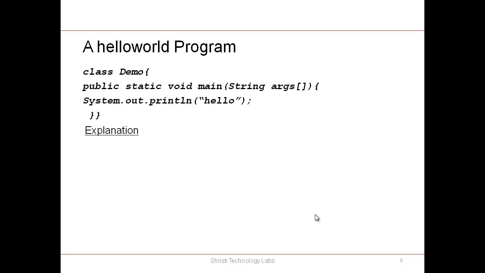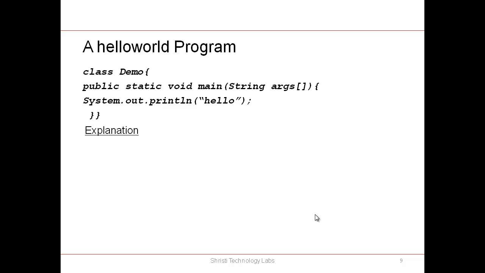Next, let us move on to a simple hello world program. Whatever classes you are going to write in Java has to start with the keyword class. The class name has to be first letter capital. It has to be a noun. Within the class, I have created a method public static void main. The syntax has to be the same.